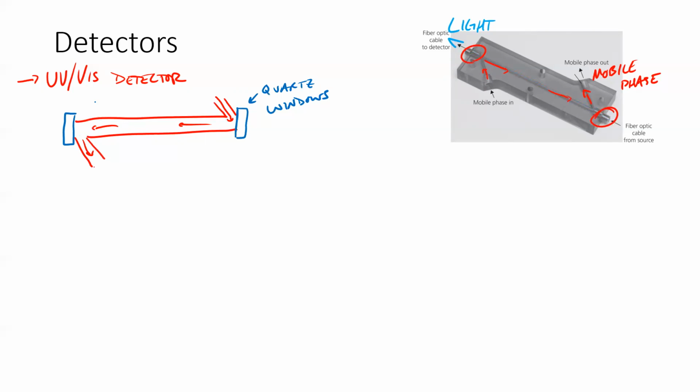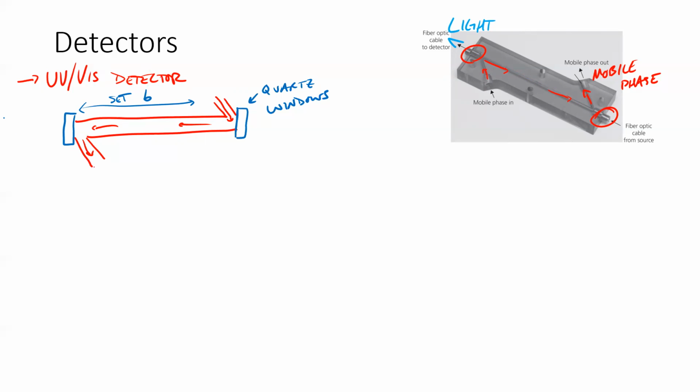And you've got a set path length, and usually it's on the order of 5 centimeters or something like that. This one, if I had to guess, looks a little bit longer, maybe 10, but I don't know. But you have a set path length, which remember is b from the Beer's law equation.